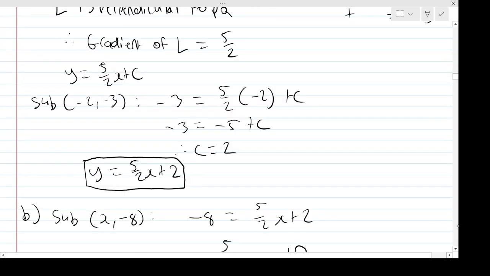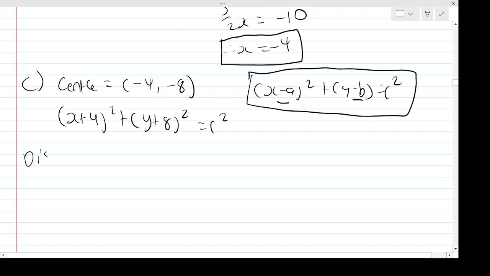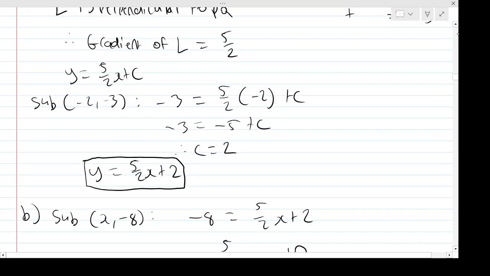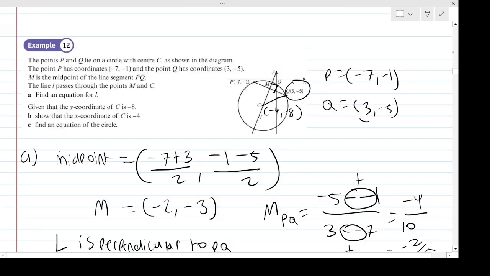So therefore, I'm going to say distance between the centre, which is minus 4, minus 8, and a point on the outside of the circle, which I'm going to just say let's use Q. That's 3, minus 5.